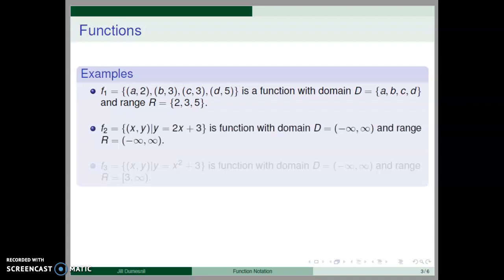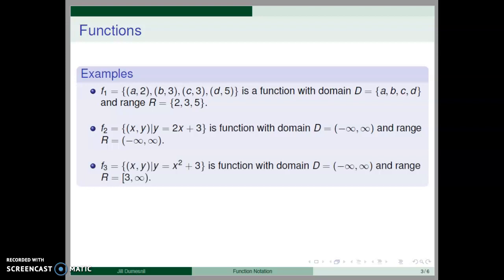The set F2 of ordered pairs of the form (x, y), where y equals 2x plus 3, is a function with domain the interval from negative infinity to infinity, and range the interval from negative infinity to infinity, since the graph is a line with slope m equal 2.